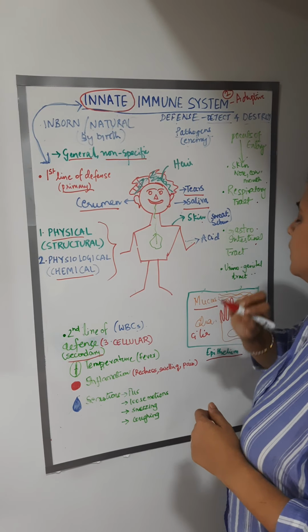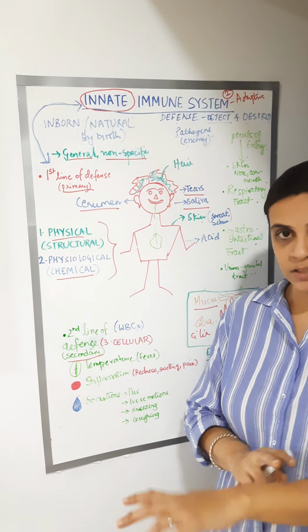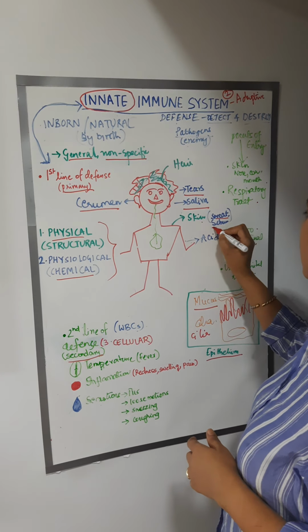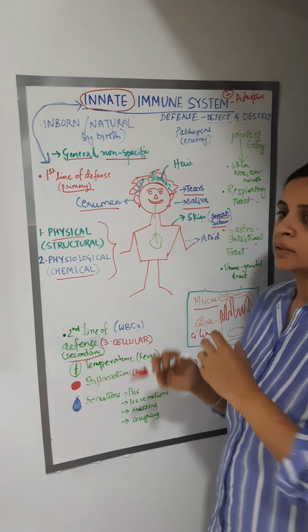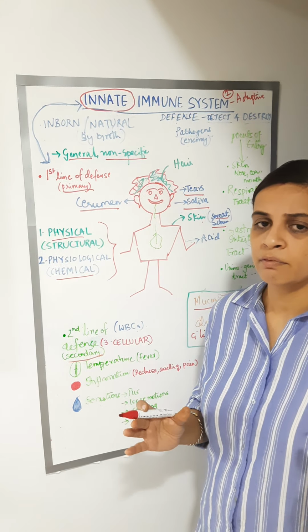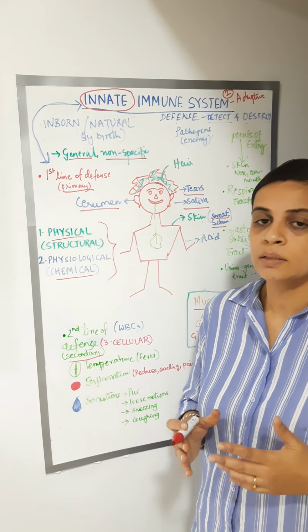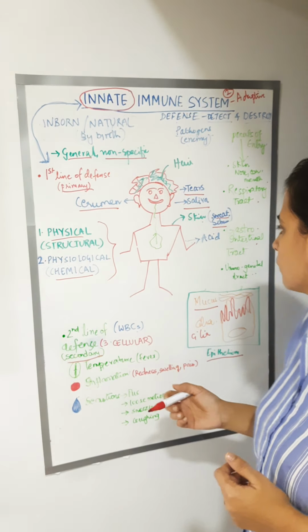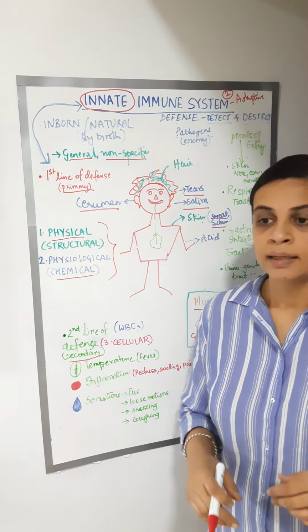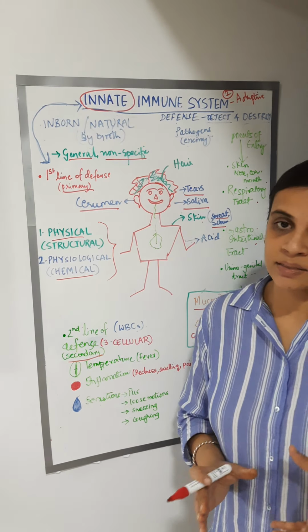Coming to skin. Skin does not only act as an external barrier, it has certain glands which secrete sweat and sebum. These secretions create an inhospitable, unfavorable environment in which the pathogens cannot grow. Now, inside our stomach, there are certain cells that secrete hydrochloric acid, HCl.